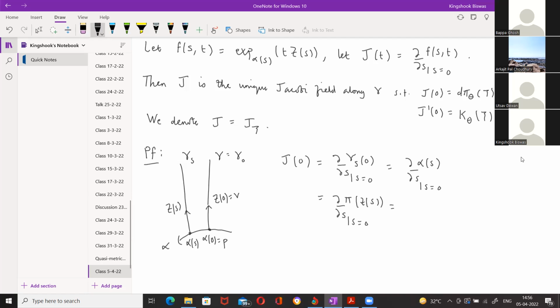So this is, by the chain rule, d pi theta of del del S at S equal to 0 of Zs, which is d pi theta xi. Is this okay?